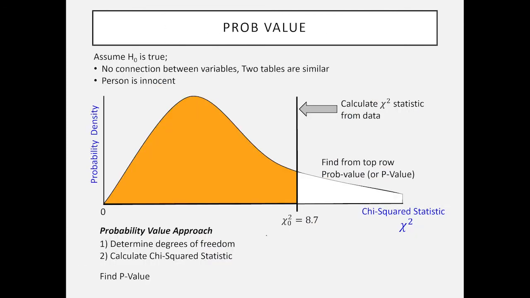Okay, last, I want to look at this idea of a PROB value, because here the order is a little bit different. We assume that the null hypothesis is true. I mean, go back to the example of chi-squared. The two tables are similar. There's no connection between variables, or the person is innocent, or the patient is not infected or doesn't have the disease.